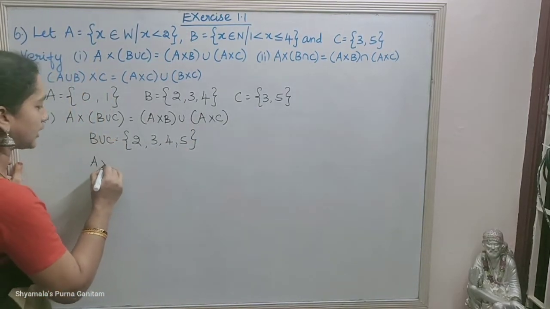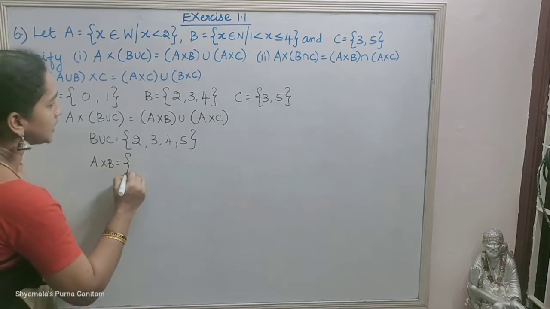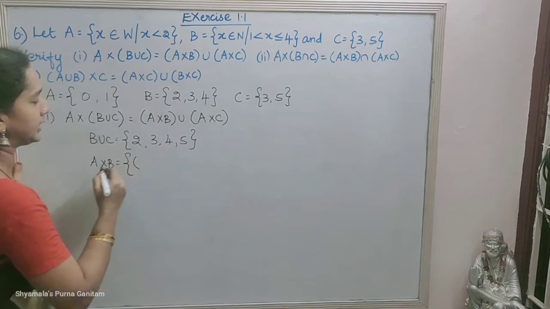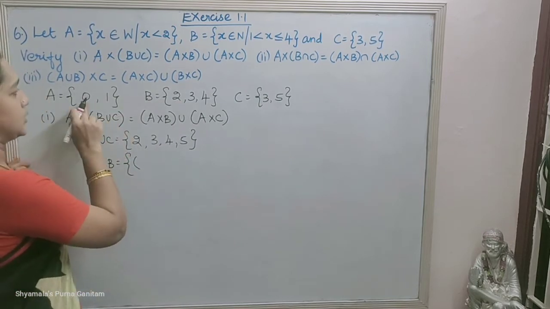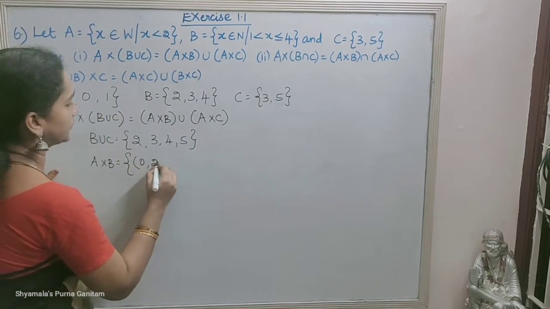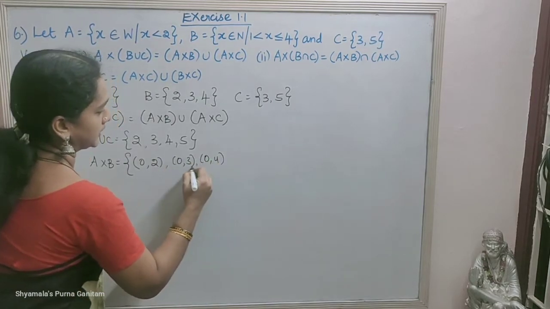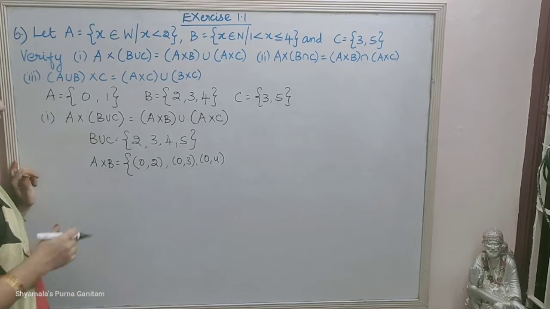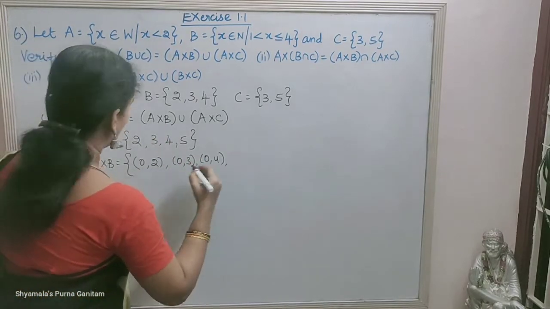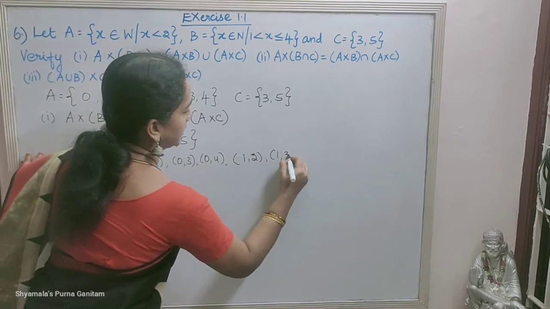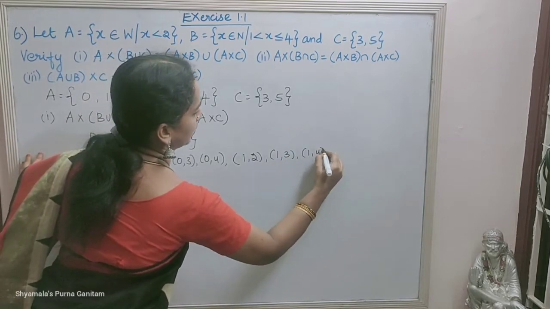In the same way we will do A × B. A is {0, 1} and B is {2, 3, 4}. We write it in ordered pairs: (0, 2), (0, 3), (0, 4), everything related with 0. Then with 1: (1, 2), (1, 3) and (1, 4).